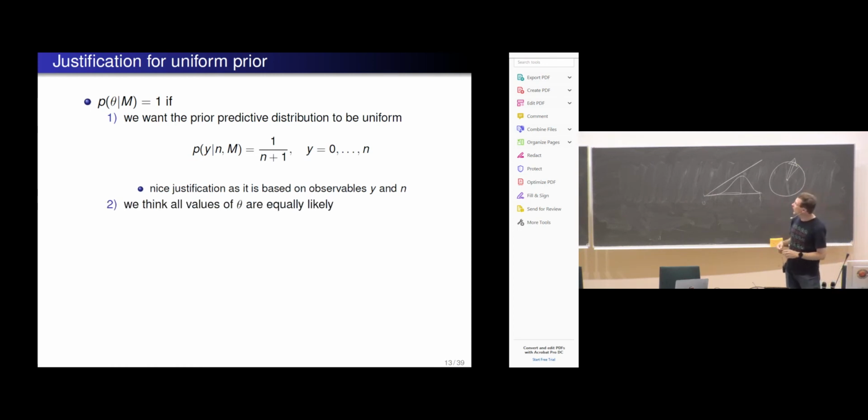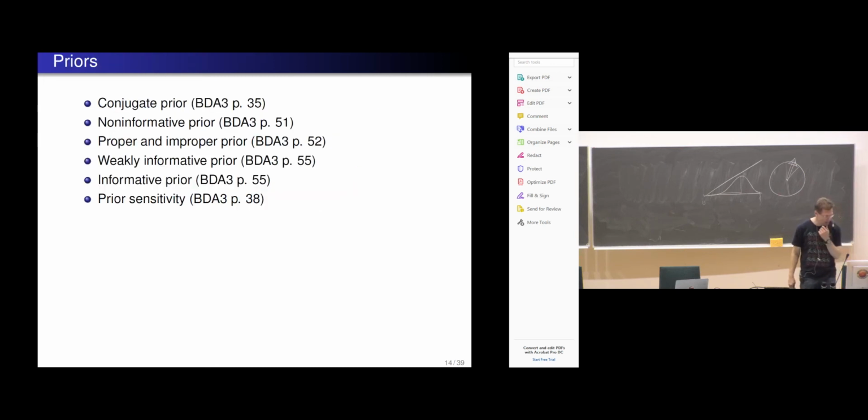Alternatively, think that just all the values of theta are equally likely. So that's also an option. So in the book, there are different priors mentioned in slightly different places, and these are all useful terms.